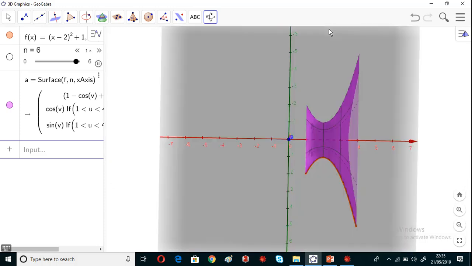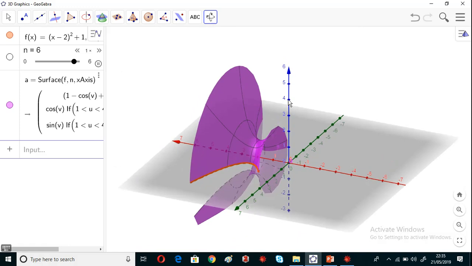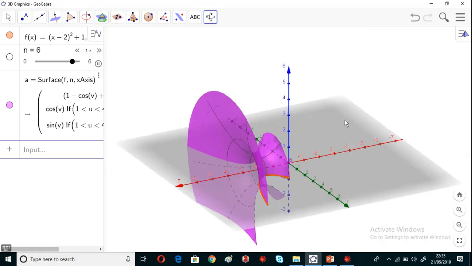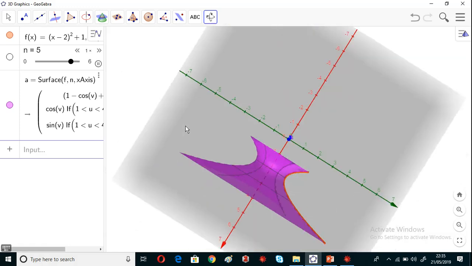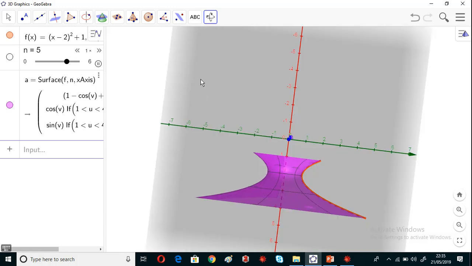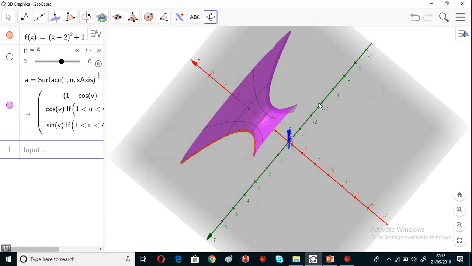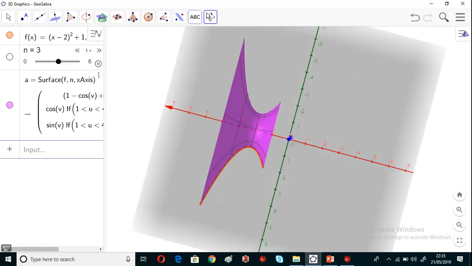Also we can rotate this in different directions and observe it from different sides. This is the surface of revolution. It can dance. Yes, we can dance this.